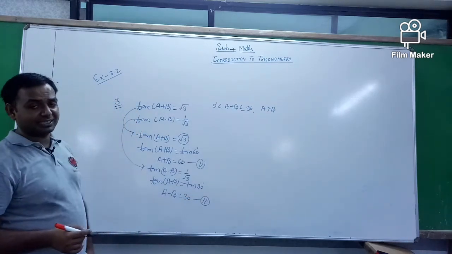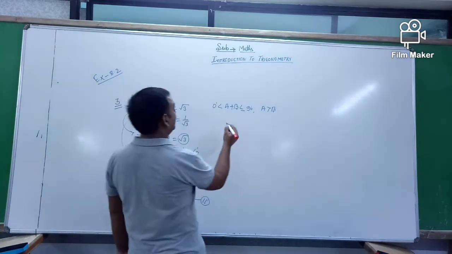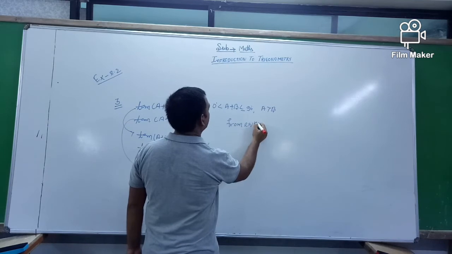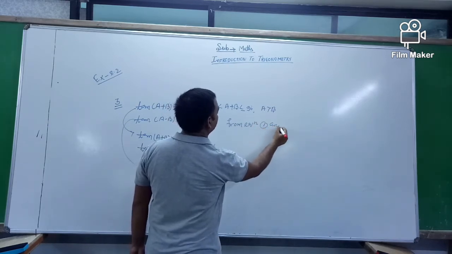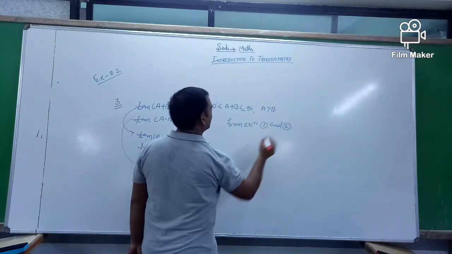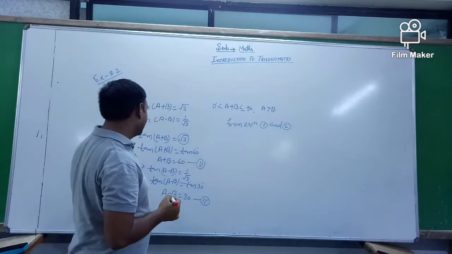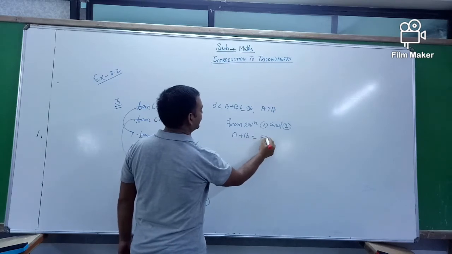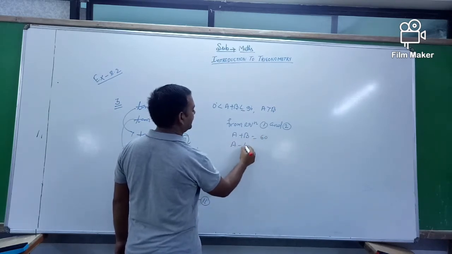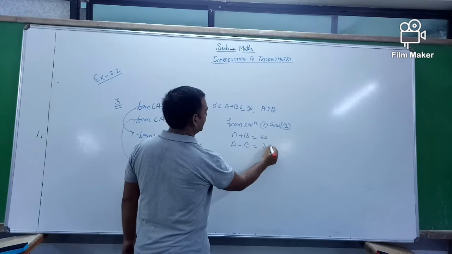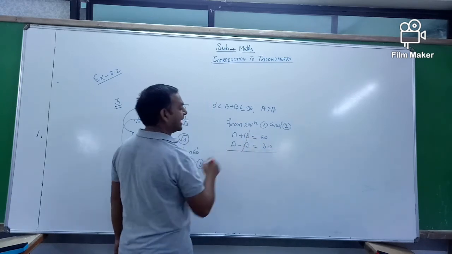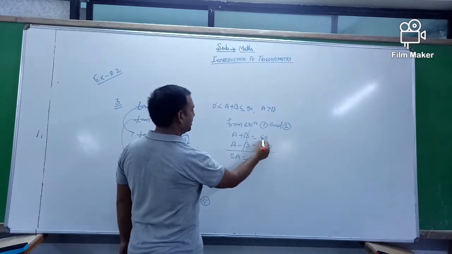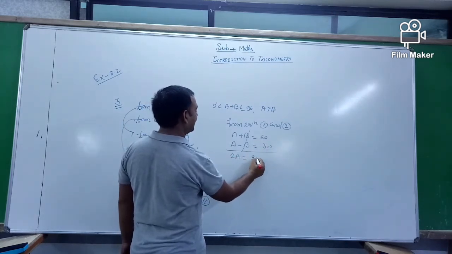Here are the two equations. Taking equation 1 and 2, A plus B is 60 degrees and A minus B is 30 degrees. B cancels out, then 2A is equal to 60 plus 30, which is 90.